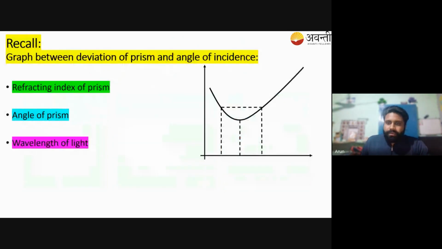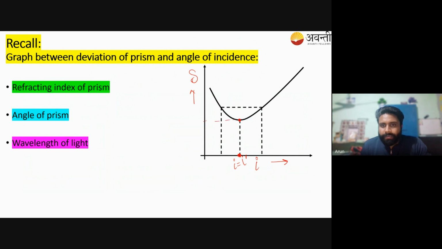Now, we have seen a graph in yesterday's lecture. This graph is plotted between delta, which is the deviation, and the angle of incidence. At this particular point, there is an angle I equal to I dash, for which you have the minimum deviation.